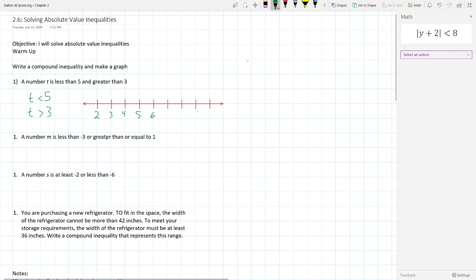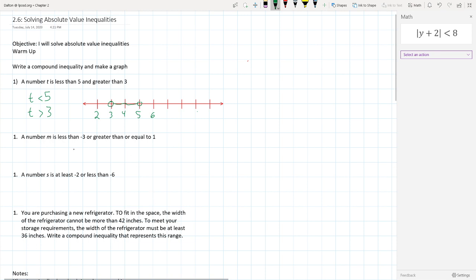We don't really need to go much farther than that. Both of these don't have equal to signs, so they're just dots. So, a dot above the 3 and a dot above the 5. T is less than 5, so what's the number that's less than 5? 4, so I'm going to go towards the 4. T is greater than 3, a number that's greater than 3 is 4, so those two actually meet up.